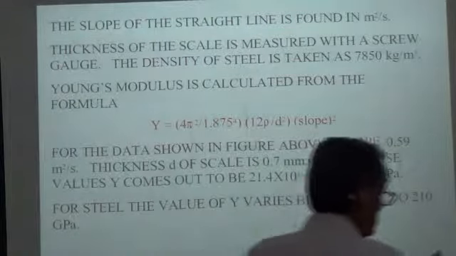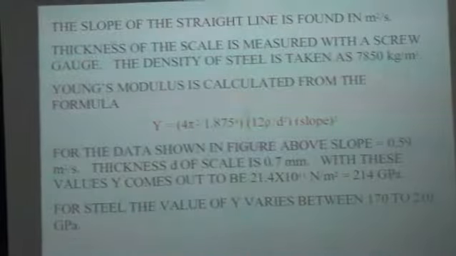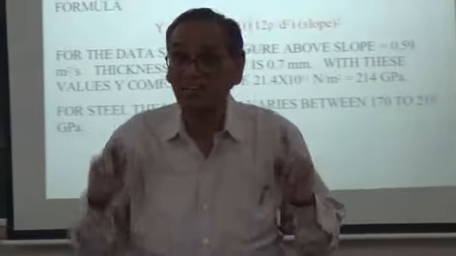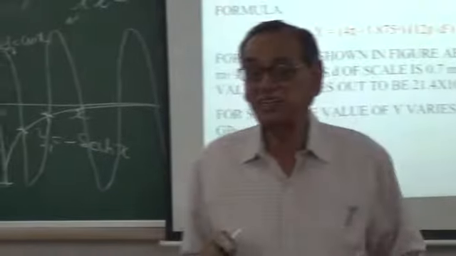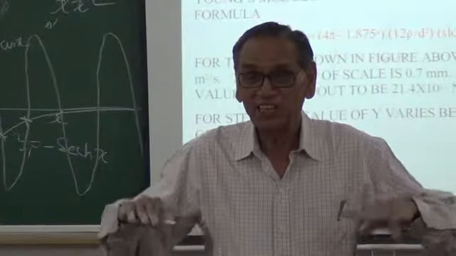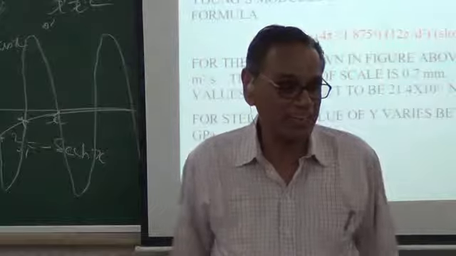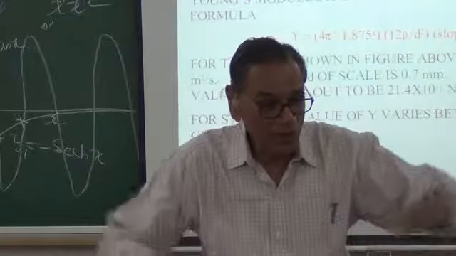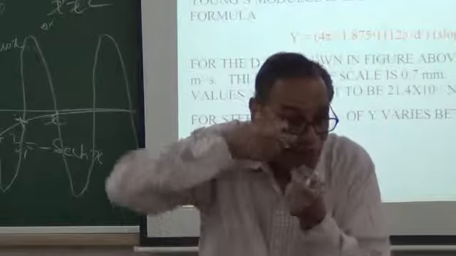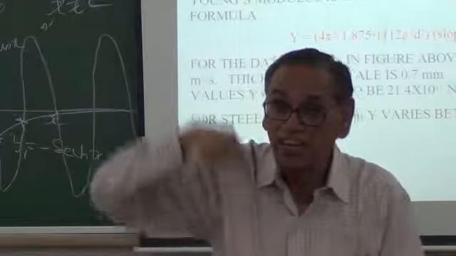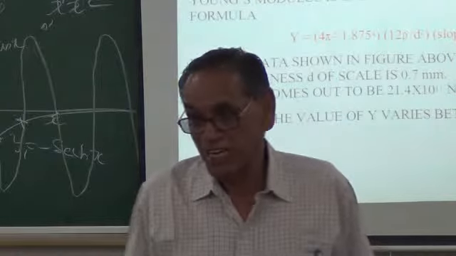So what this experiment tells you is how to measure Young's modulus by a dynamic method. Why is the dynamic method important? Measurement of frequency is always much more accurate than measurement of displacement. You take uniform bending, you load, you have a traveling microscope, you have a pin, and you say how much the pin is depressed.